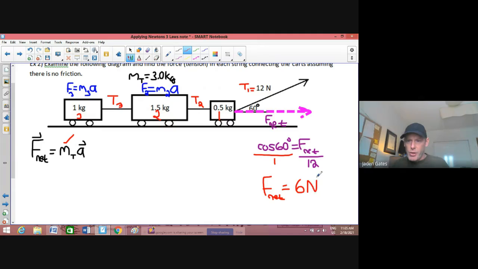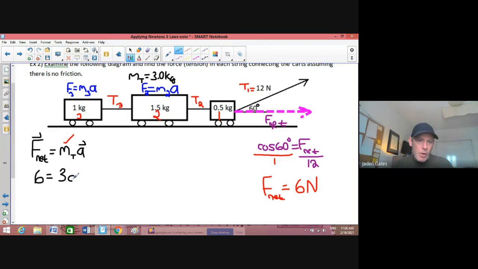All right, so now I'm going to substitute my net force, 6 newtons. I'm not going to worry about direction here because we're just worried about the magnitude of the tension. And clearly this force is pulling to the right, 6 newtons to the right. The mass of this system is 3 kilograms, and I'm looking for my acceleration.